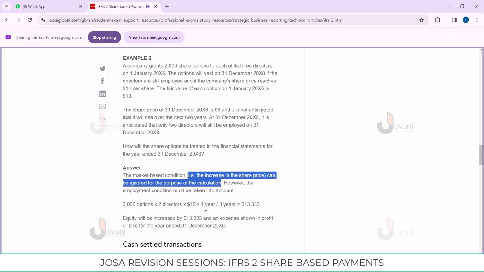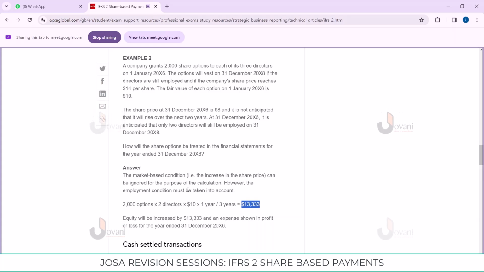Yes, please. I have a question for clarification on something. In the question, they said it is anticipated that only 2 directors will still be employed on 31st December 20x8.